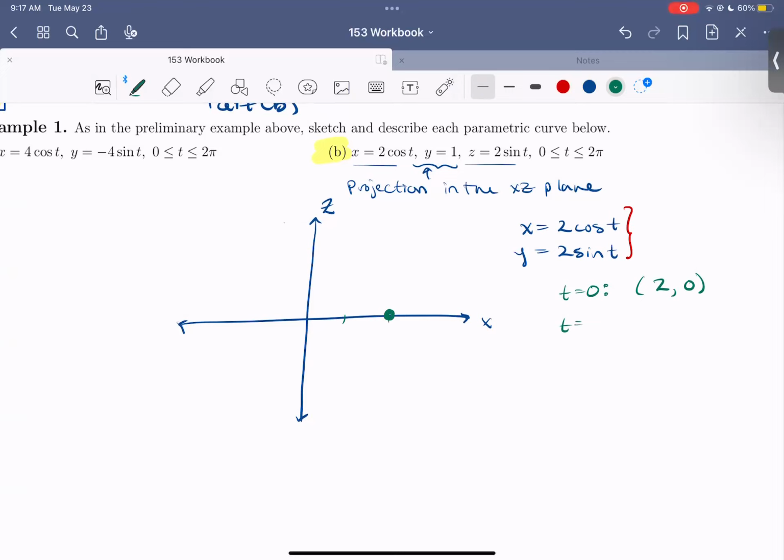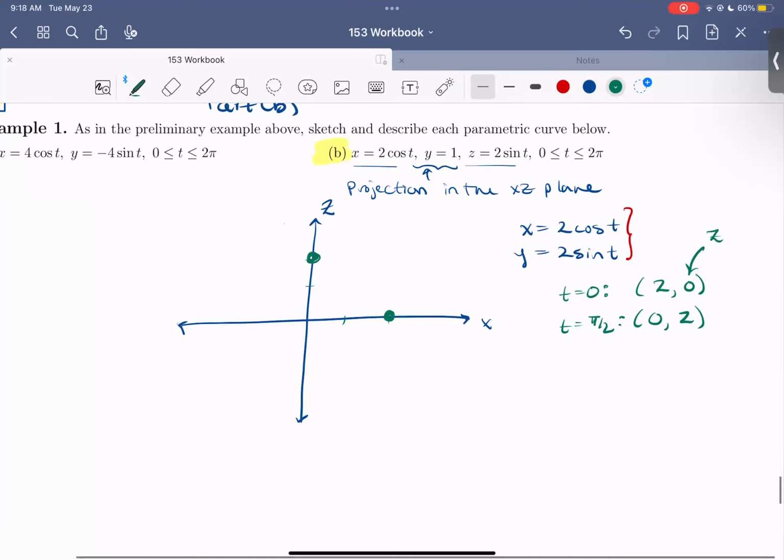And let's just check when t is pi over 2. Cosine of pi over 2 is 0, so we get 0 in the x. Sine of pi over 2 is 1, so we get 2 in the y. So we have 0, and rather not y, this is z. It's common to get in the habit of always calling the second coordinate y, but here it is z.